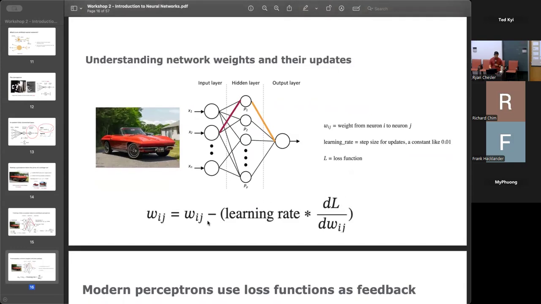In the previous section, we had the small brief on the gradient descent updates. So this is saying we have some weight, Wij, and then we know what the gradient is. We're saying if we push this up in some way, if we push this down in some way, it's going to change the loss function.